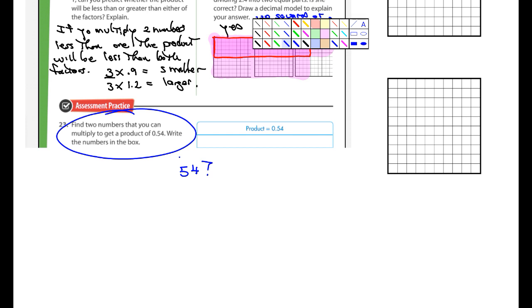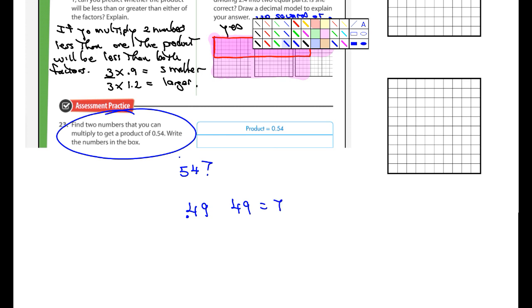Well, I'll let you guys figure that out. But it won't be those whole numbers. Just remember, let's say it was 0.49 instead of 54. Well, what if I ask you what two numbers multiplied together equal 49?